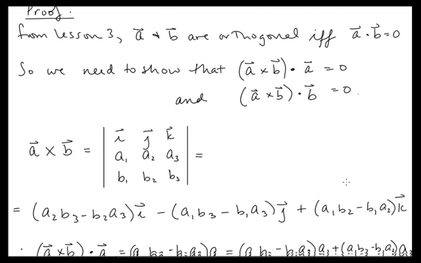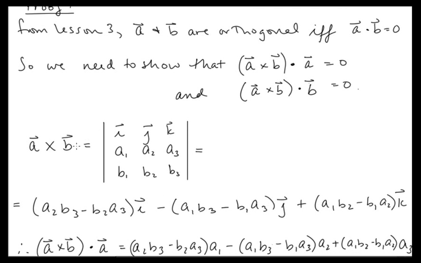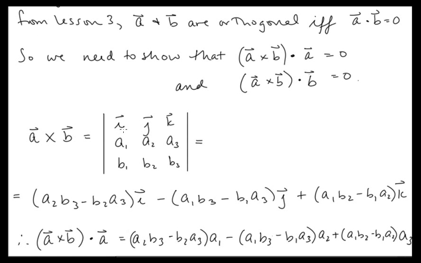So let's first compute the cross product A cross B in general. So for basis vector I, we have A2 B3 minus B2 A3, that's here. For J, we have A1 B3 minus B1 A3, and that has a negative sign out front. For K, we have A1 B2 minus B1 A2.